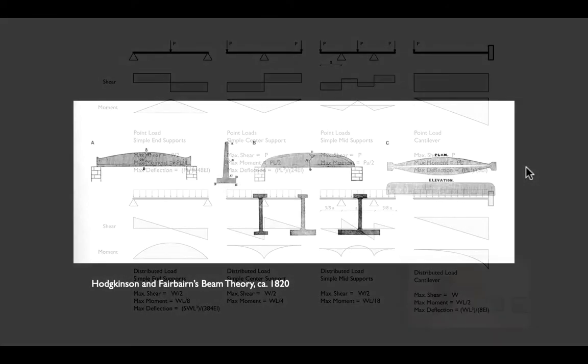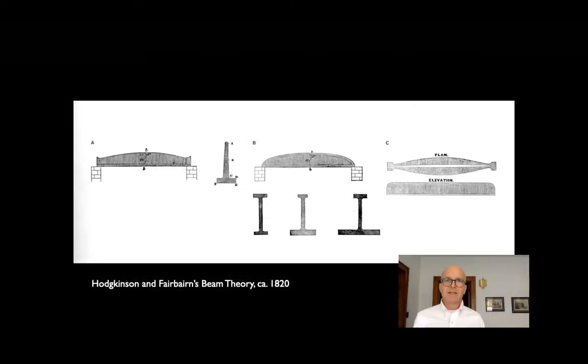Now, in fact, in the early days of iron construction, we saw exactly this. We saw engineers and builders coming up with what they called fish belly beams. This is a classic example right here in the middle. Because they were using cast iron, they could mold whatever shape they wanted, and they knew to make the beam thicker in the middle and thinner at the ends.